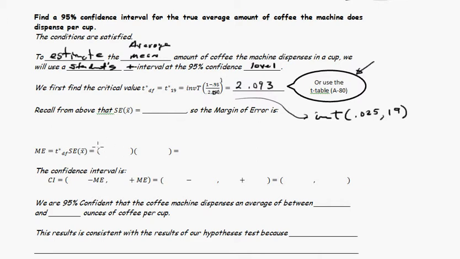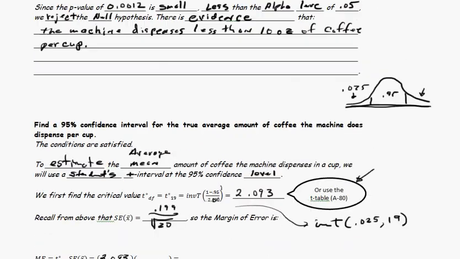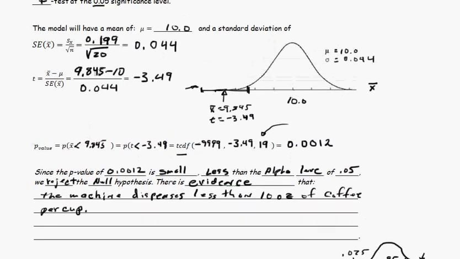So we have 2.093, and then the standard deviation we already calculated. What was our standard deviation? I think it was 0.199 divided by the square root of 20. Okay, let's see, where did we compute that?